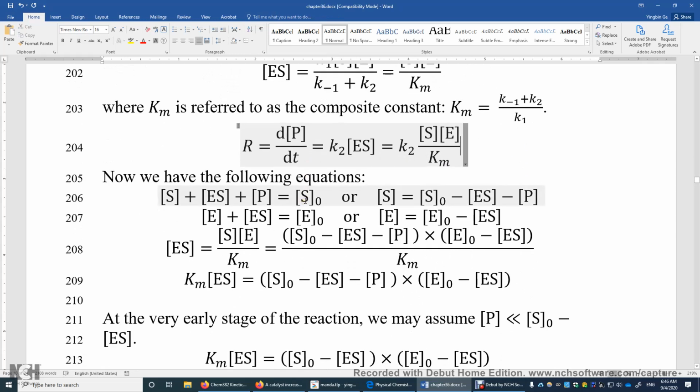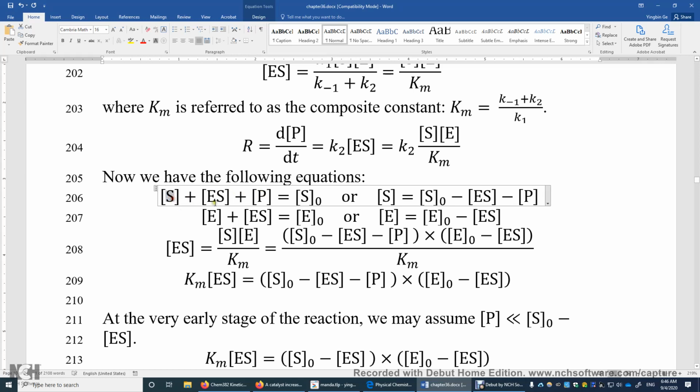Now we're going to look at the concentration of S, the concentration of E. Of course, they keep changing. But we do know this, the sum of S, ES, and P is a constant because the substrate can exist in the reaction system in only these three different ways.